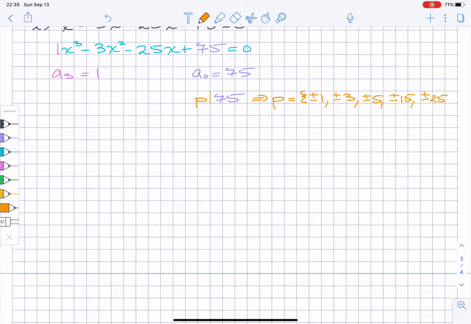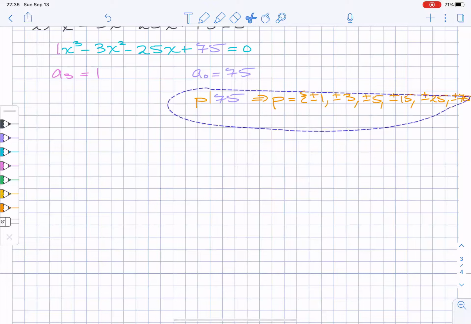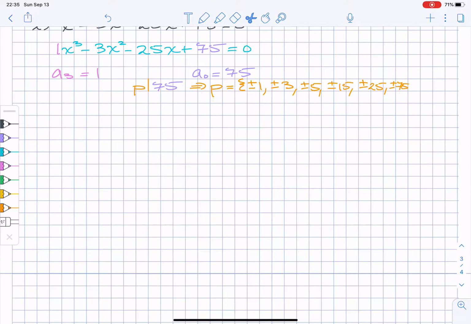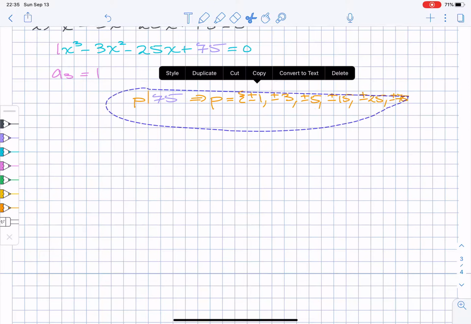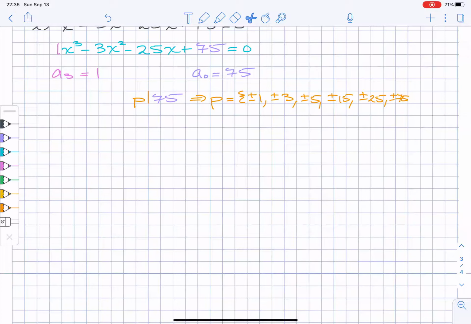And it's divisible by itself, so plus or minus 75. Okay, so that's all possible divisors of 75.